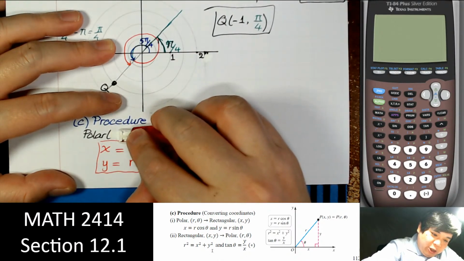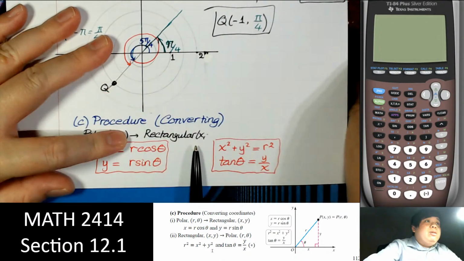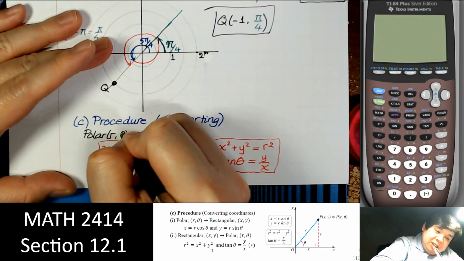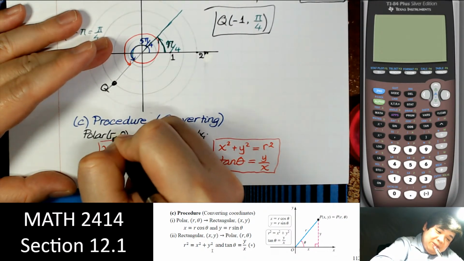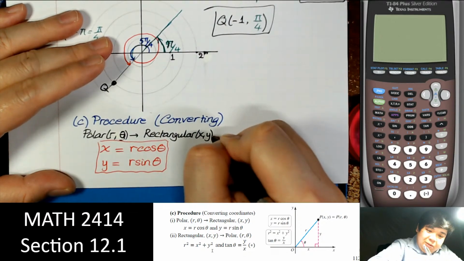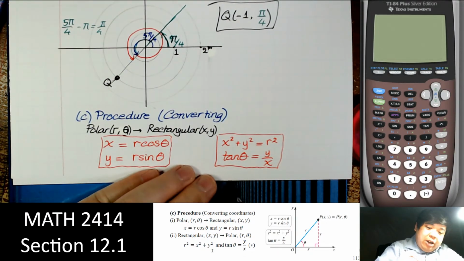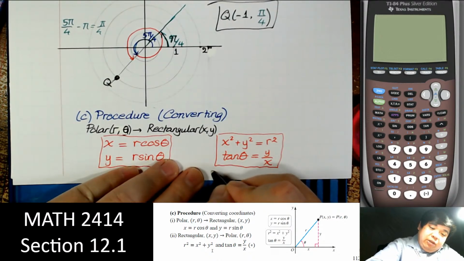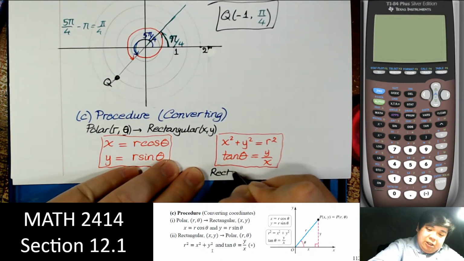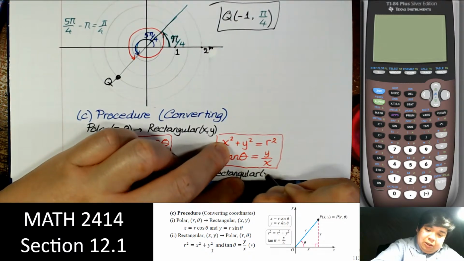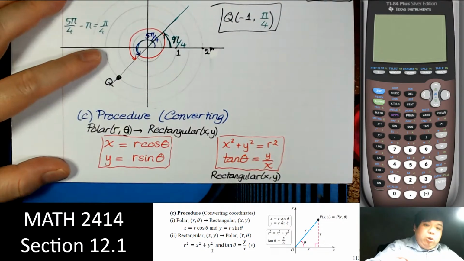I should slow down a little bit, even though we are behind. And this one is from rectangular to polar.